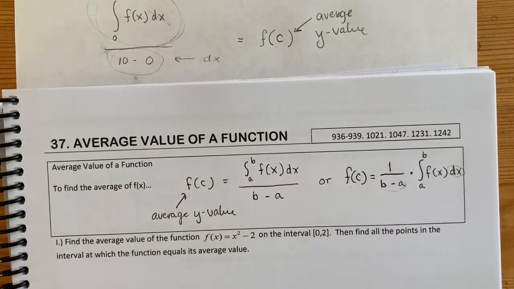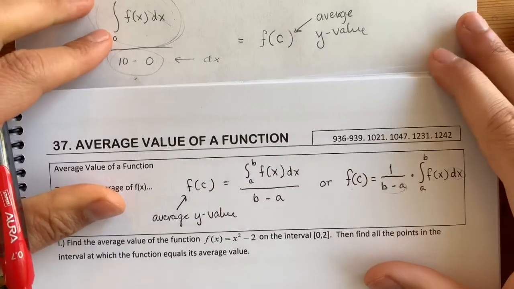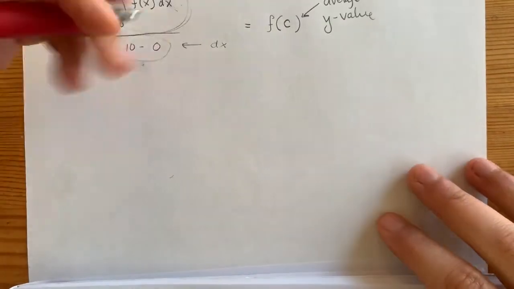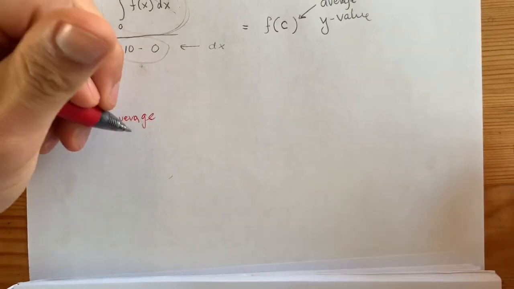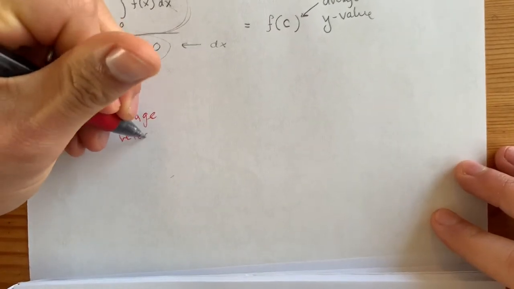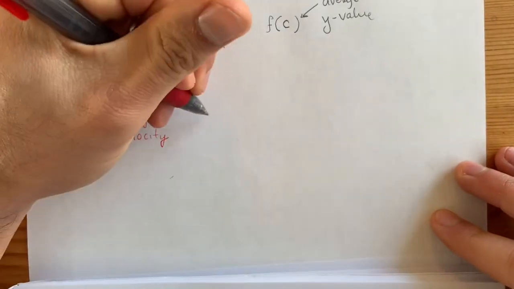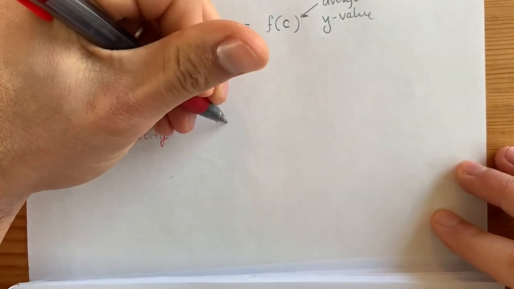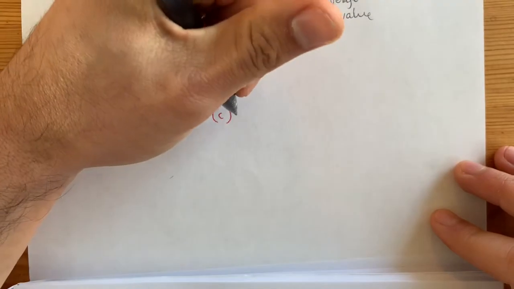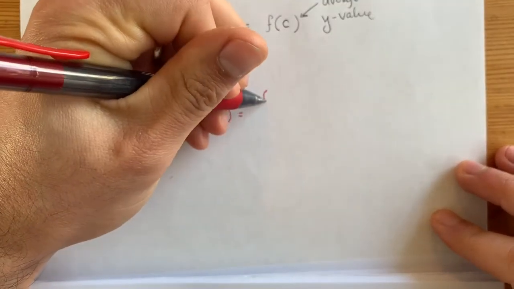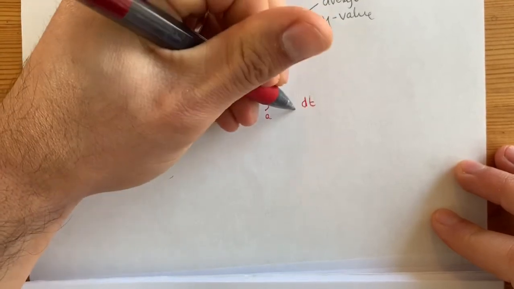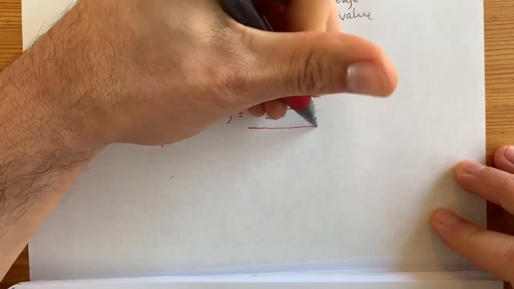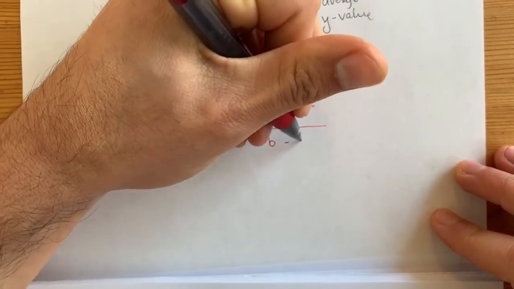So for example, what's important about that is, let's say I wanted to find the average velocity. Then I would be looking for v of c. Then in the formula, I would have to put something in right here, some function in there, and then divide by b minus a.